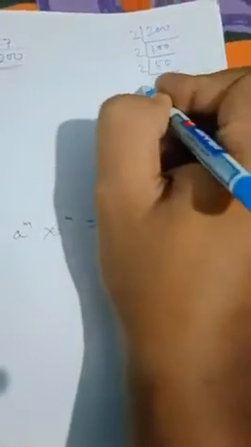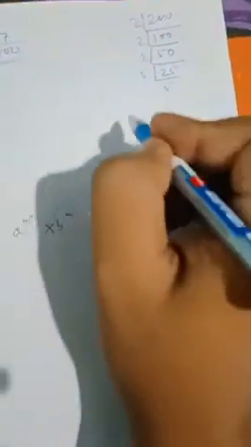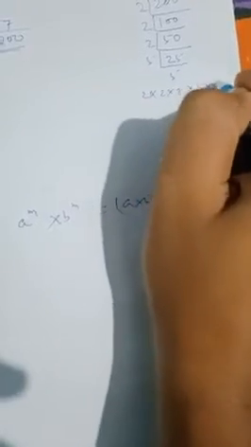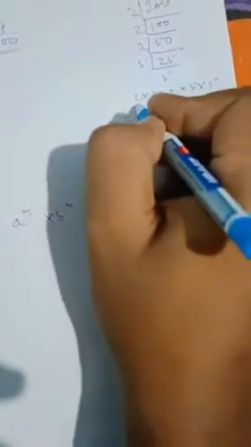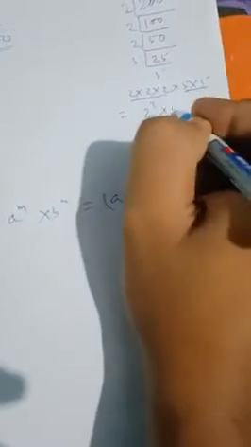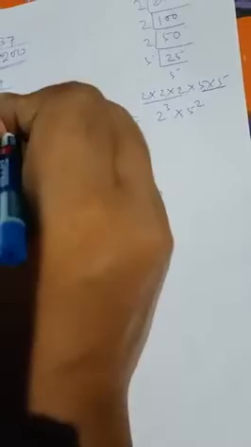Now we will take 5, 5 5s are 25. So we will get 2 into 2 into 2 into 5 into 5 right now. 2 into 2 into 2, which is 2 cube, and 5 into 5, which is 5 square right now. Next we will write 137 by 2 cube and 5 square.